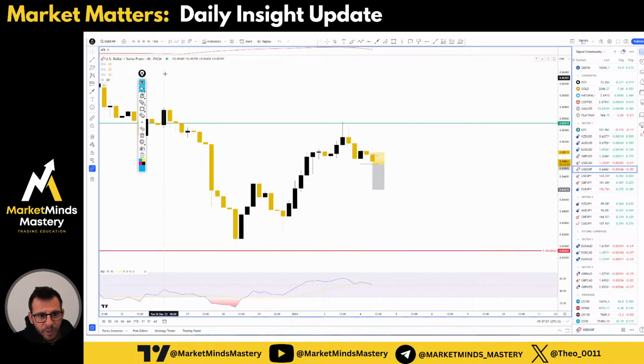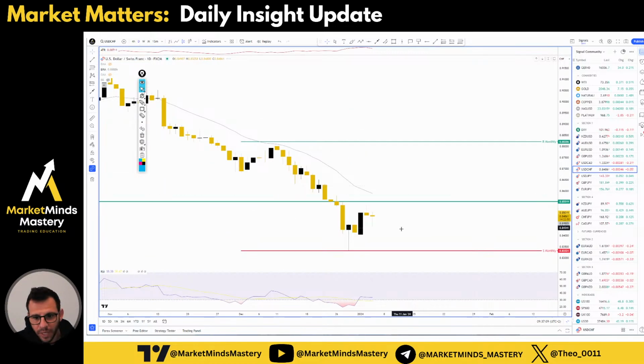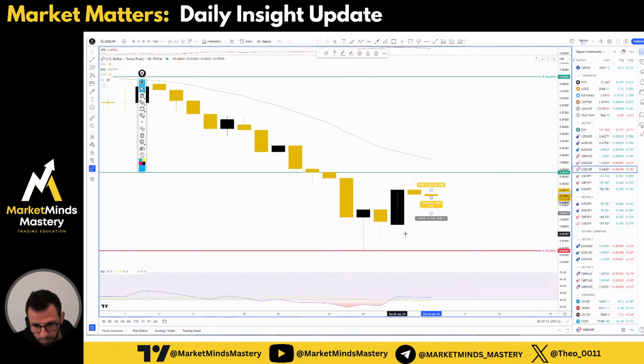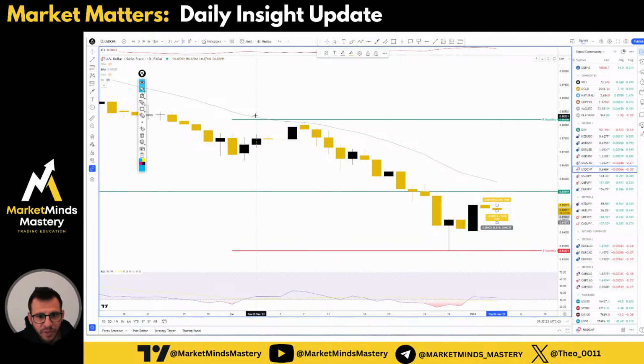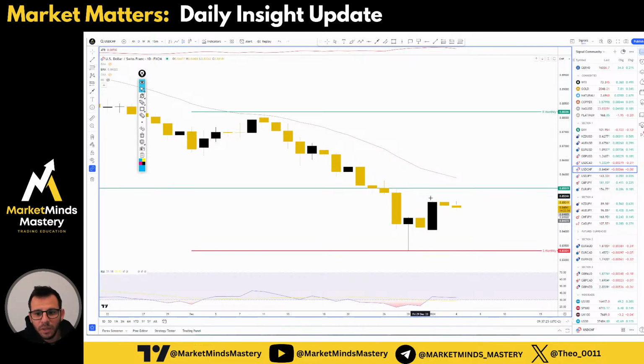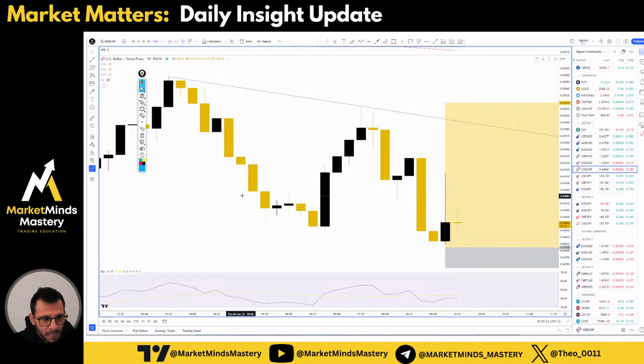Make sure there are no major supports on the way. So the entry here, the stop loss there, and take profit somewhere there. That's not a bad idea.